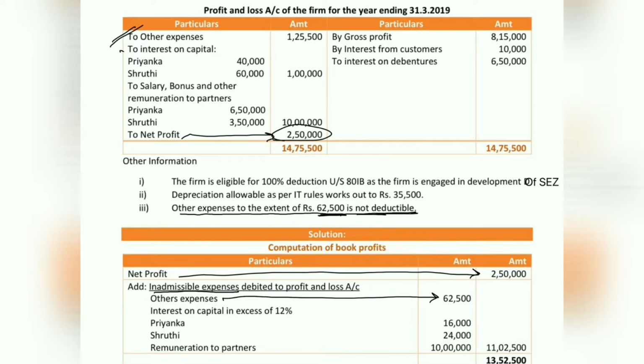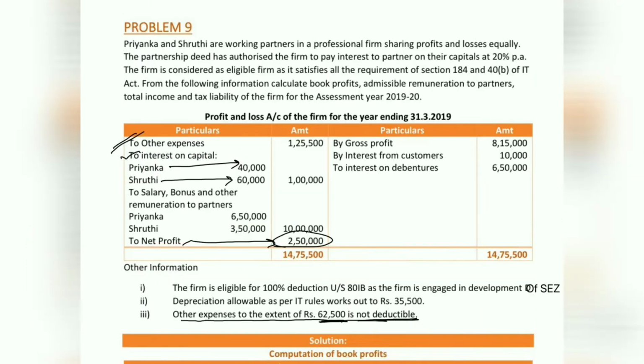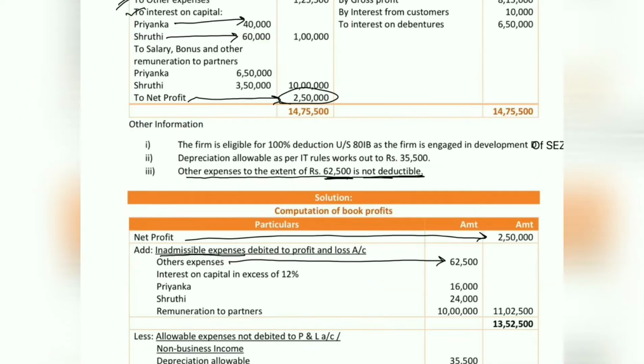Now the second point we have is interest on capital. Priyanka's is 40,000 and Shruti's is 60,000. In the problem, they have specifically stated the interest on capital rate is 20%. The value that exceeds 12% will be treated as inadmissible. So 20% minus 12%, the remaining 8% will be treated as inadmissible value.